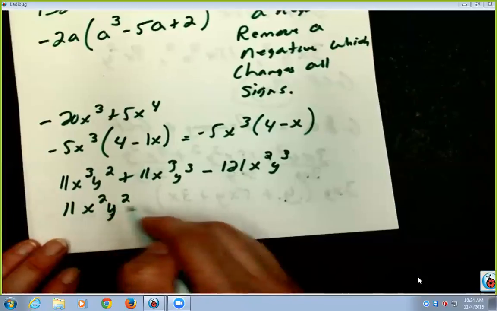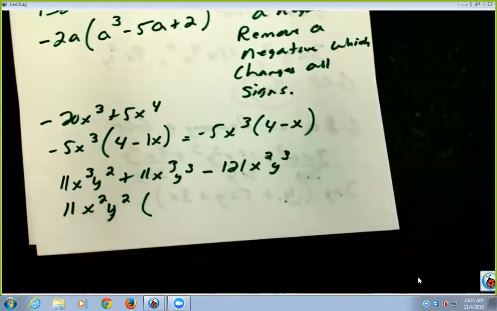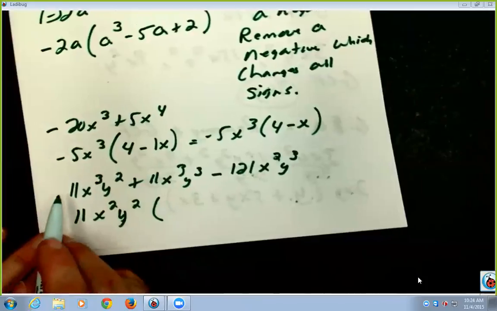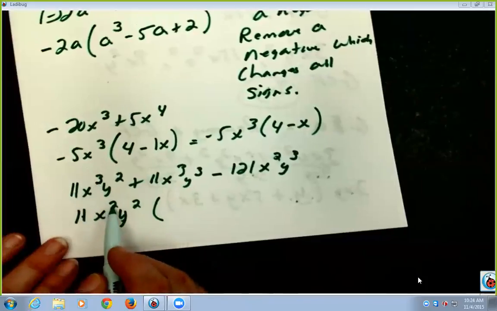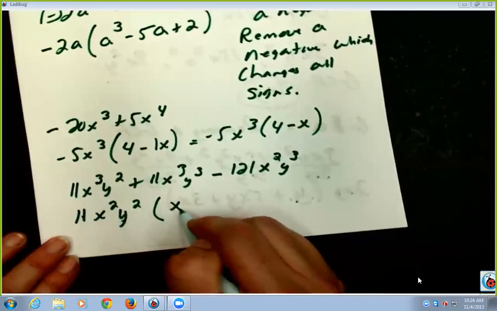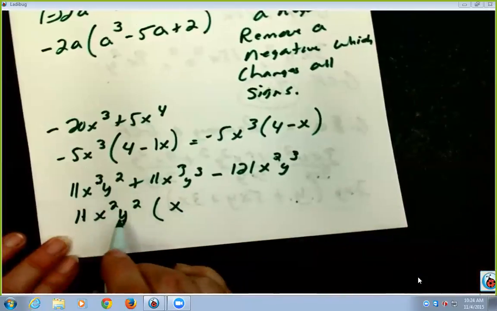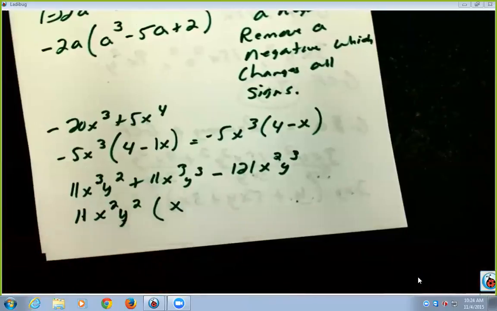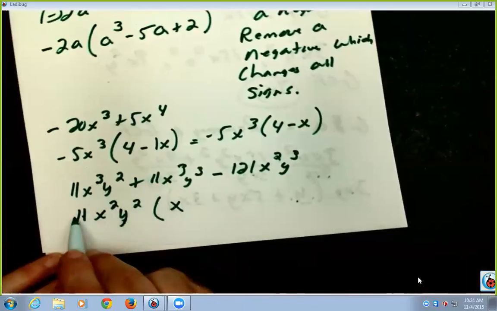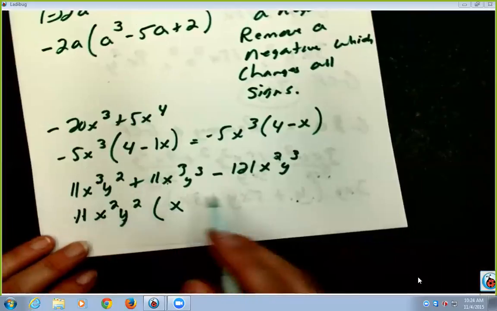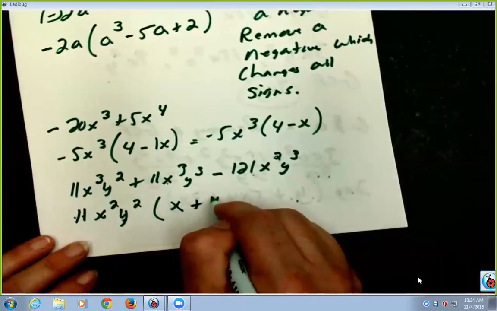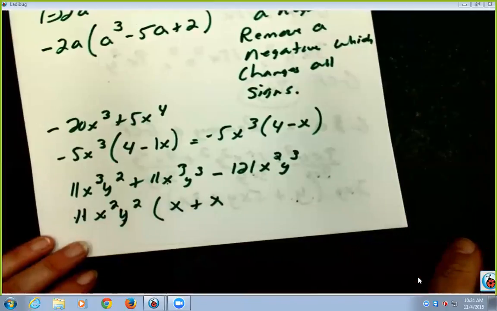Yep. And so what am I left with? 11 and 11 cancel. X cubed and x squared leaves an x. Y squared and y squared, gone. 11 and 11 leaves a 1. X cubed and an x leaves an x, right?